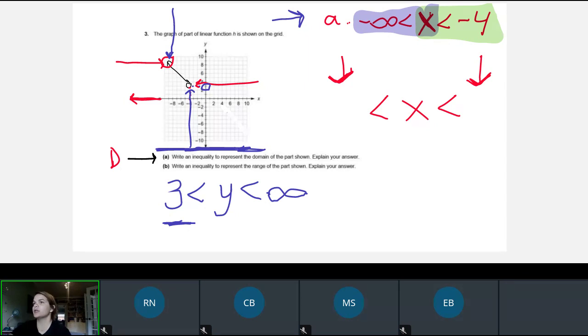Okay, look at my screen. You absolutely have to, when you're writing domain and range, X goes in the middle for domain. You need signs just like this on both sides. For your range, Y goes in the middle, signs go just like that. Okay, so if you don't have that on your page, go fix that right now. That is the very first step.